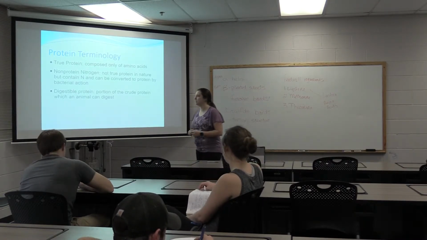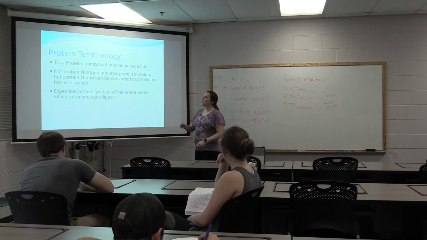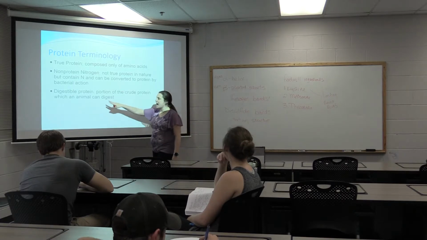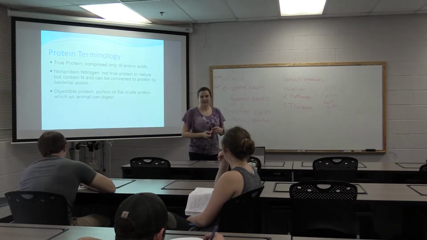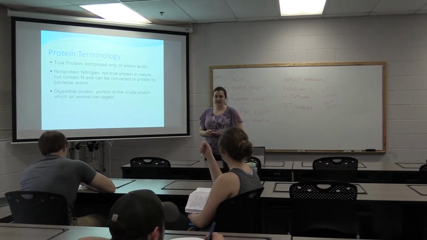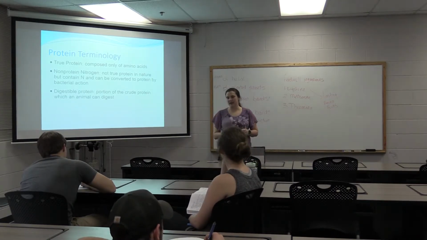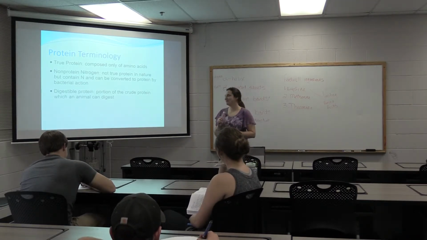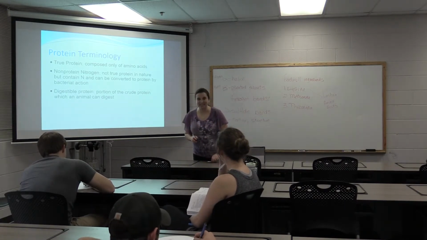So, since we've talked about it before, how would you determine digestible protein? Is that using the bomb calorimeter? You're not using the bomb calorimeter, but it's a different assay, and the principle's still going to be similar.